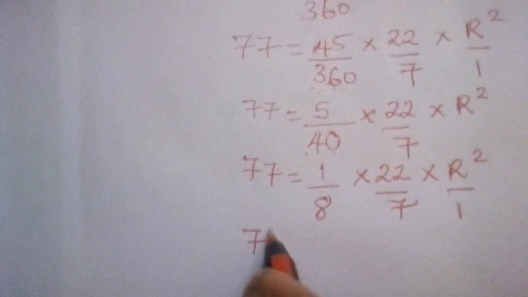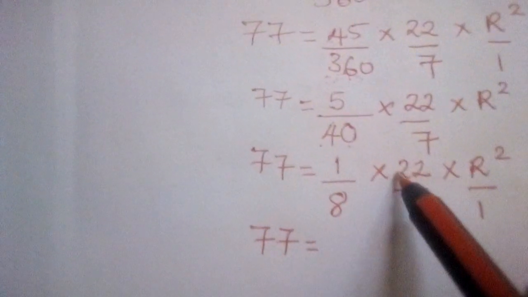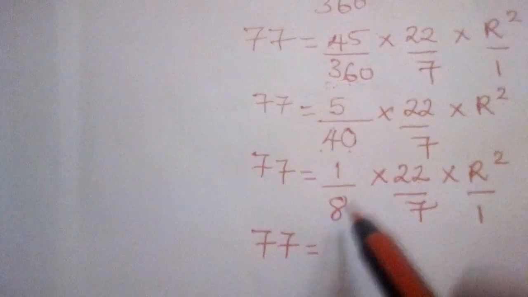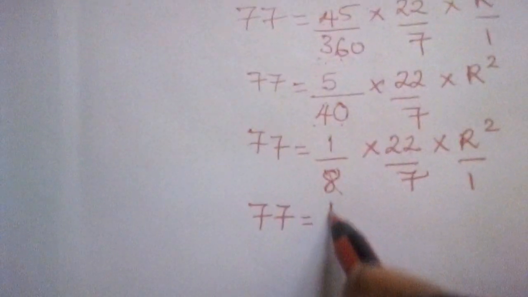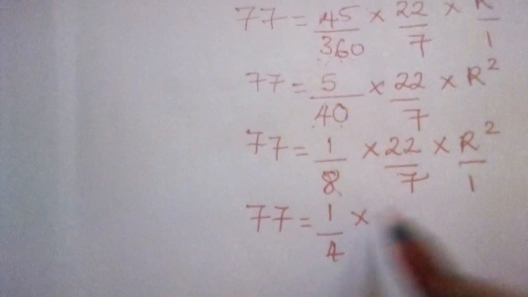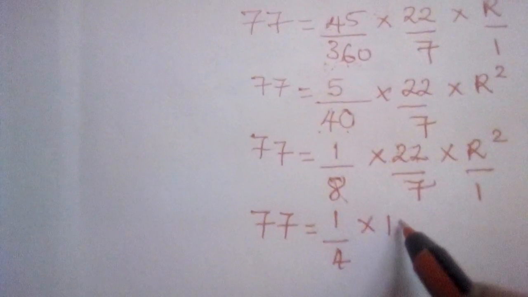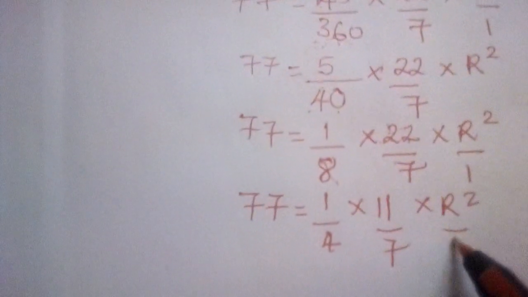Now we know there's a number that can go in 22 and 8 without leaving a remainder, and that number happens to be a 2. So 2 here goes in 4 times, 2 here goes in 11. So it goes in 11/7 times r squared.